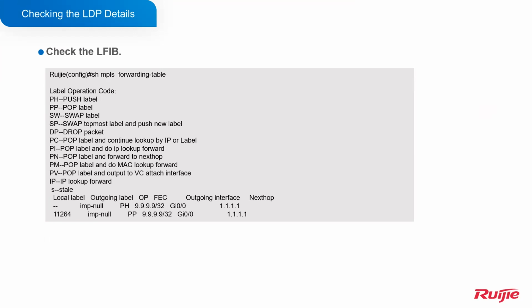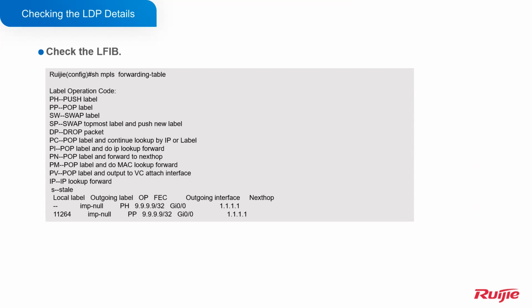And for the MPLS forwarding table, you can check the LFIB, and we have lots of operations for the labels, and we only explain push, pop, and swap. But except them, we also have other functions.